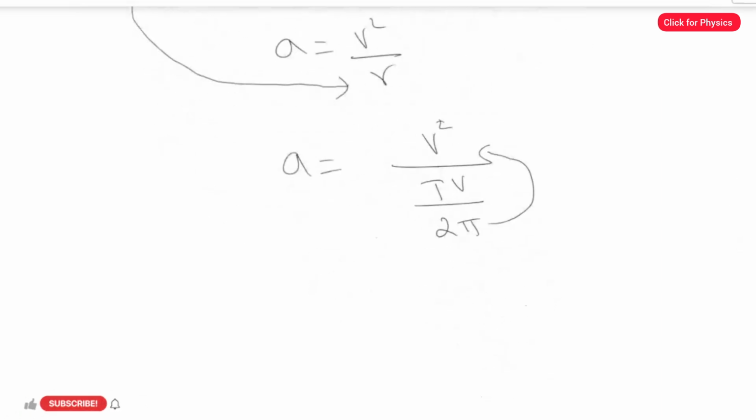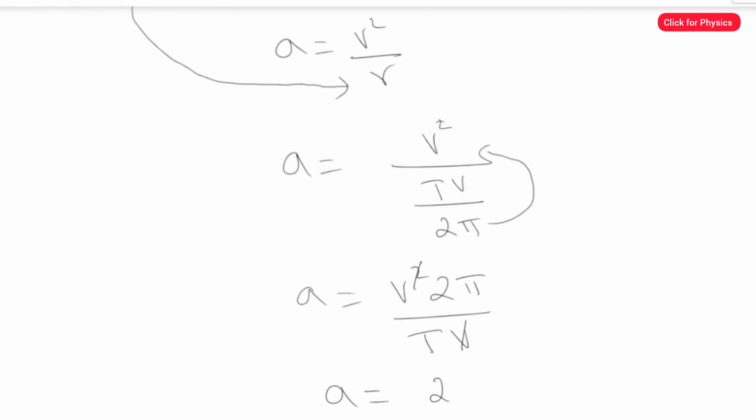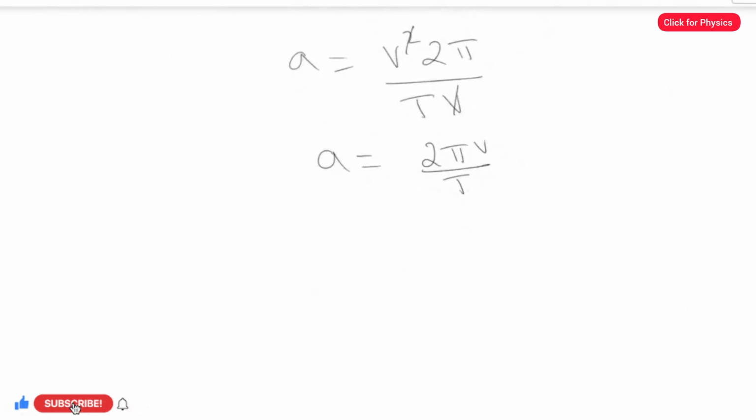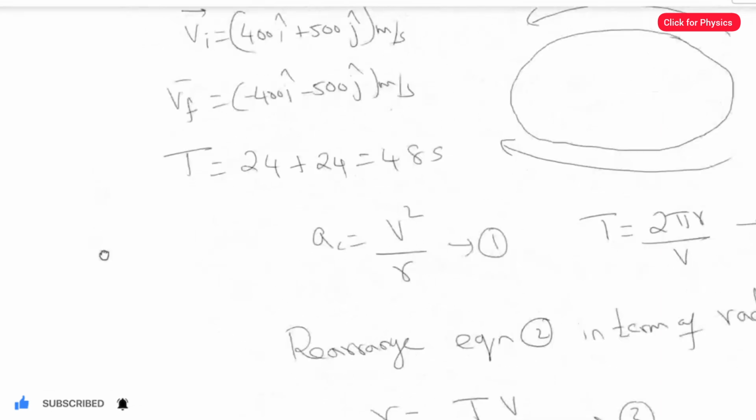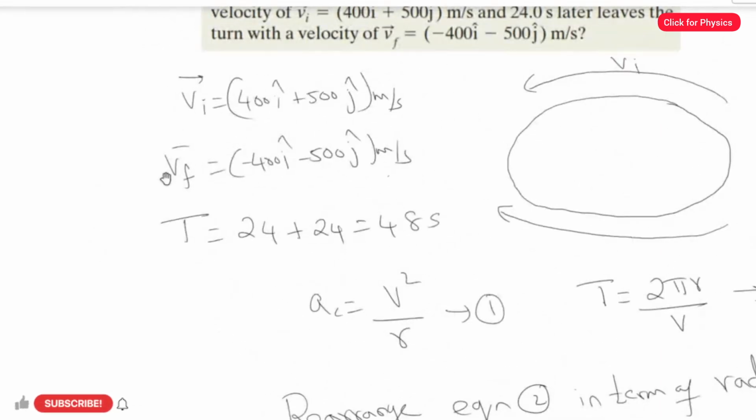So your acceleration equation becomes v square multiplied by 2 pi divided by T v. We can cancel v and v in the top and bottom. By that we get the equation a equals 2 pi v divided by T, right? Now I'm going to substitute the values. For this v, we can take the magnitude of the initial or the final velocity, because we will get the same answer. Clear?